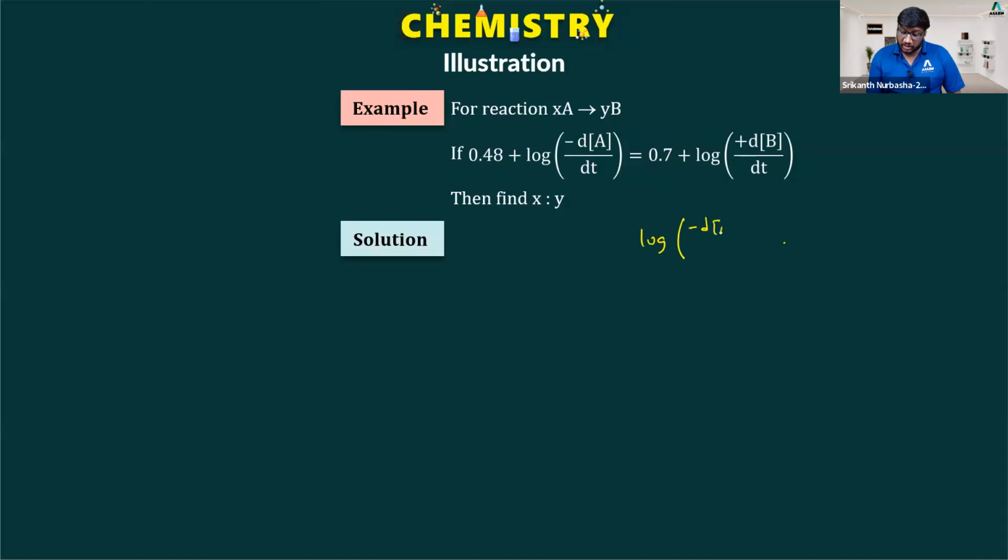Logarithm of minus d concentration of A divided by dt minus logarithm of plus d concentration of B divided by dt is equal to 0.78 minus 0.48.